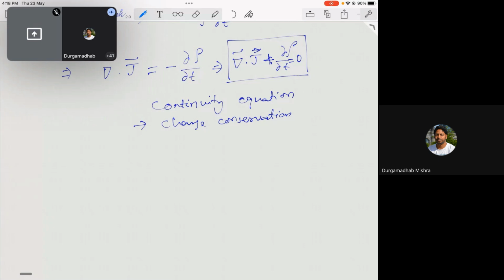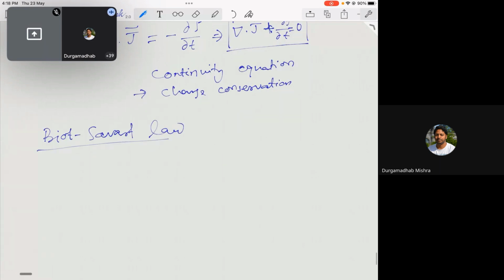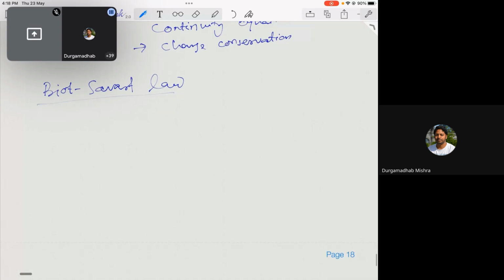This is given by the famous Biot-Savart law, which tells us that if I have, let's say, a wire carrying a steady state current, and I want to find out the magnetic field at this point due to this wire.